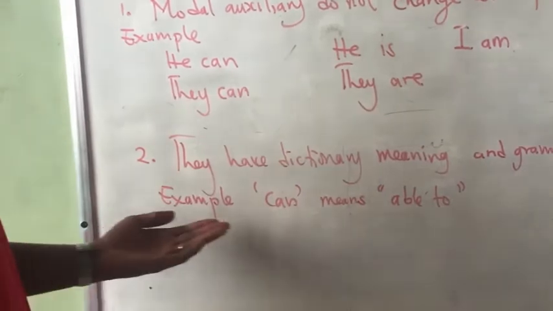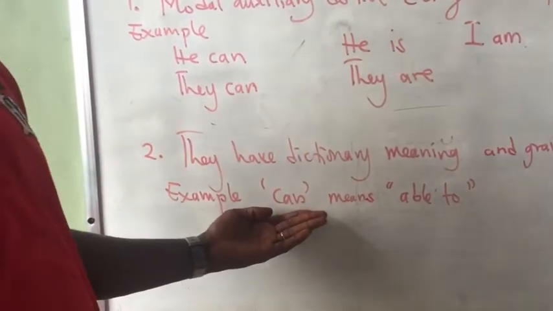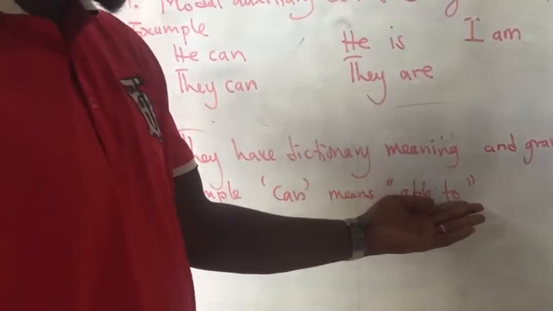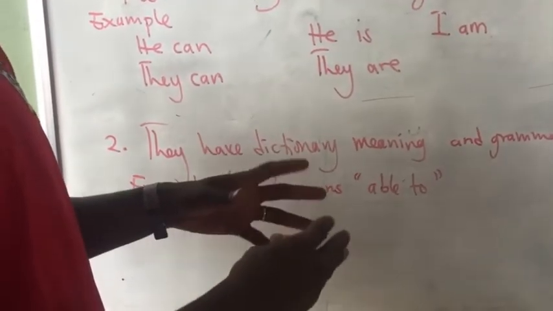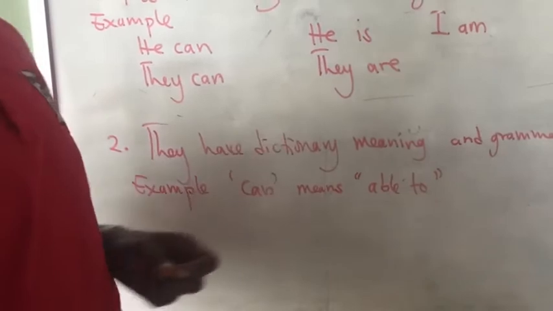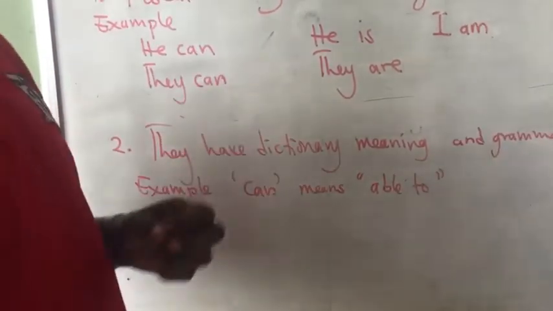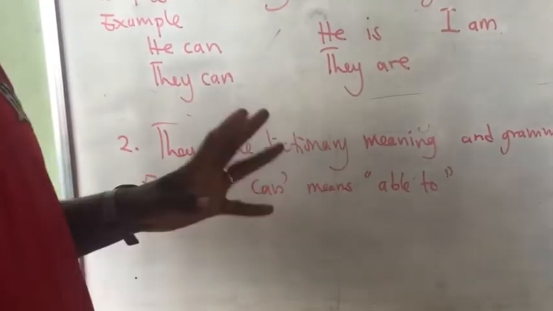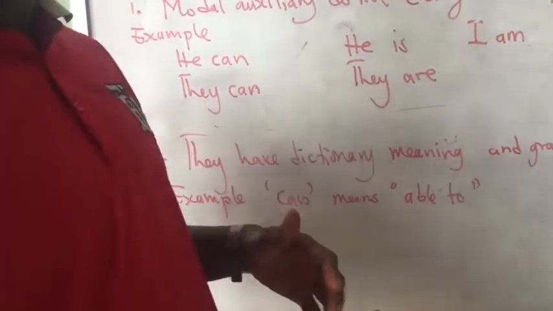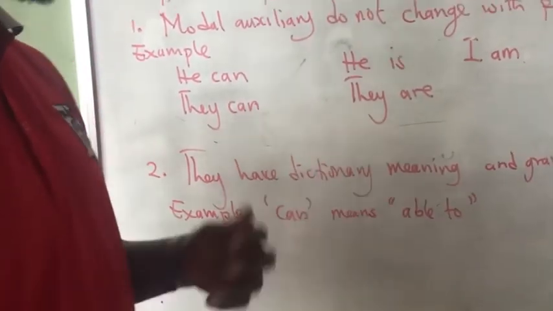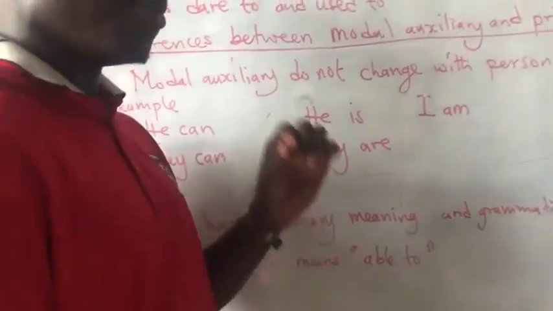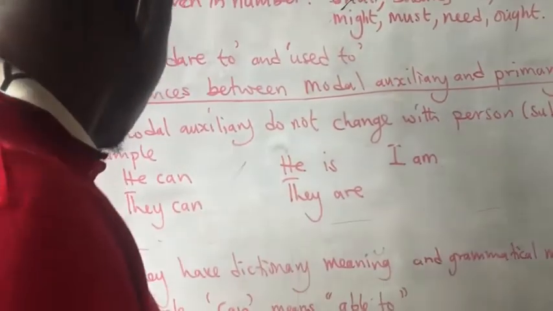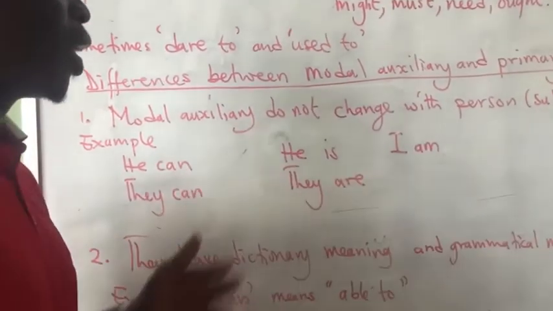So for instance, if you take can, the meaning of can in a dictionary is what? Able to. And because they have meanings, that's the modal auxiliary, their meanings contribute to their function and their uses. And that is what we'll be looking at as we go ahead. So let's take note. That is one thing that also makes it different from the other one. While the other ones just support to express action, these ones support and their meanings also contribute to the support. So I think there are two main differences and that is it.